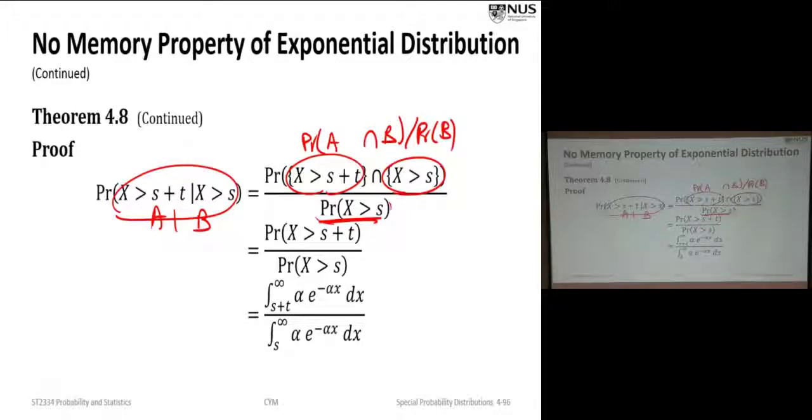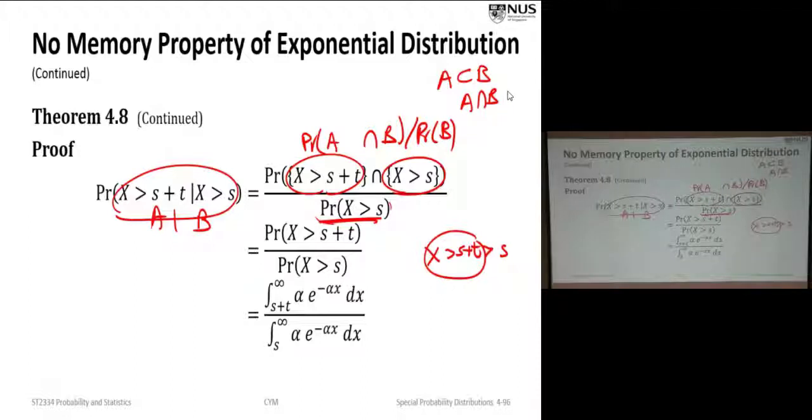All right? Now, between A and B you can see that A is a subset of B, right? If x is bigger than s plus t, then x must be bigger than s. So A is a subset of B. So if A is a subset of B, what is A intersect B?